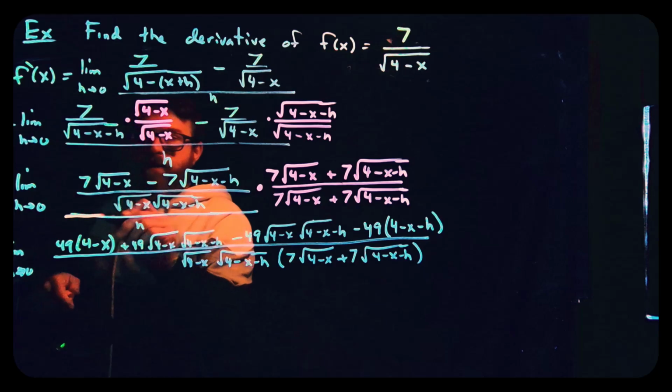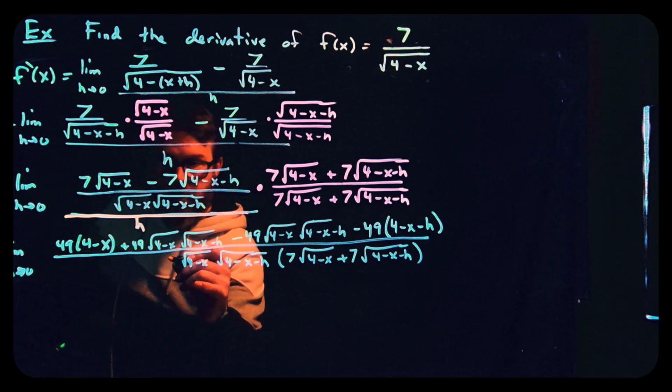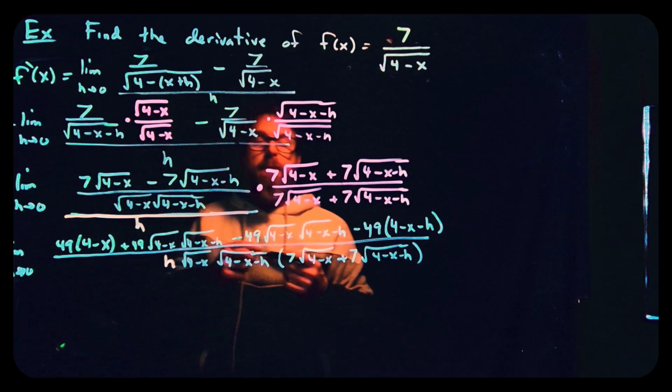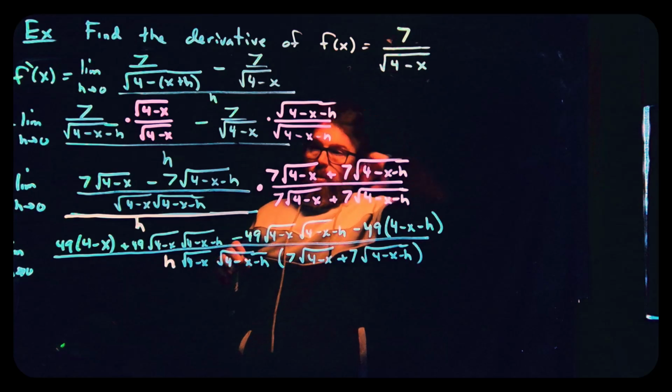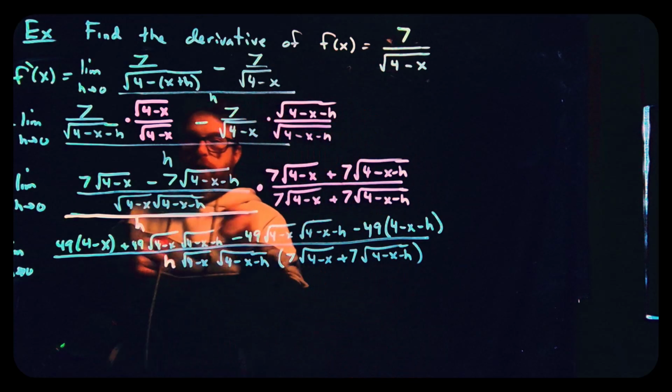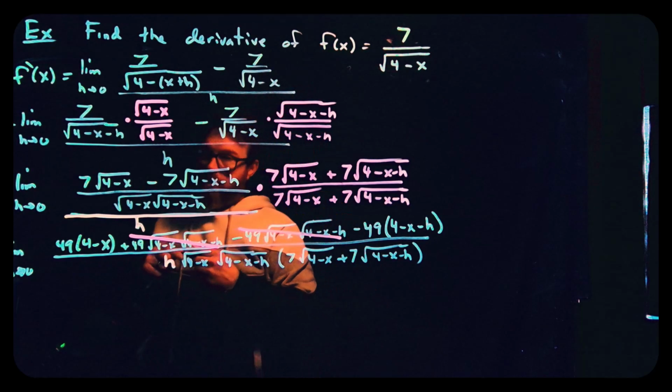Now, remember this, dividing by h is the same thing as multiplying by 1 over h, so I'm just going to put that h on the bottom there, multiplying by 1 over h. And then we're going to clean things up. So, first things first, the 49 with those two radicals, negative 49 with those two radicals will cancel.